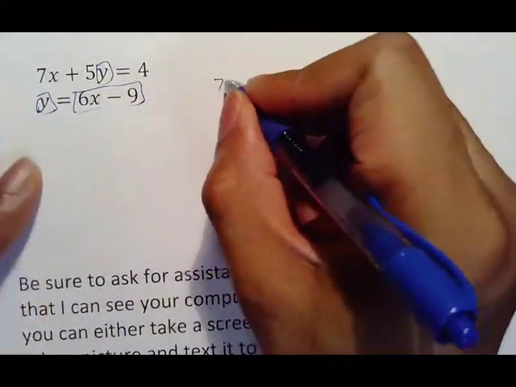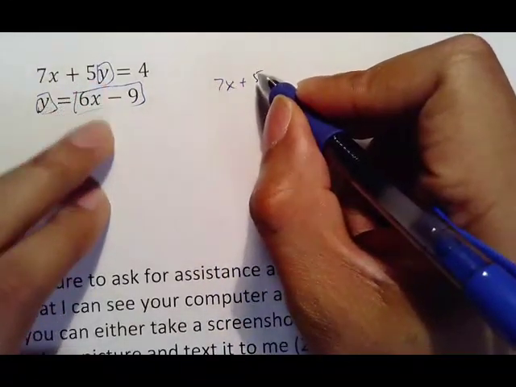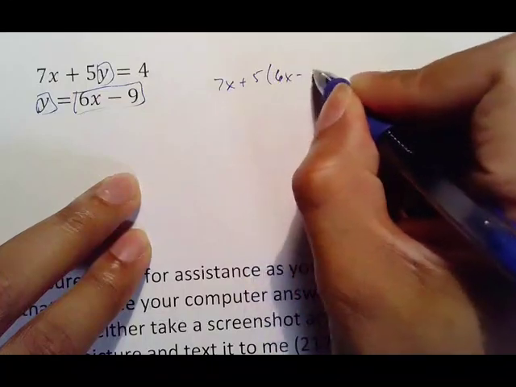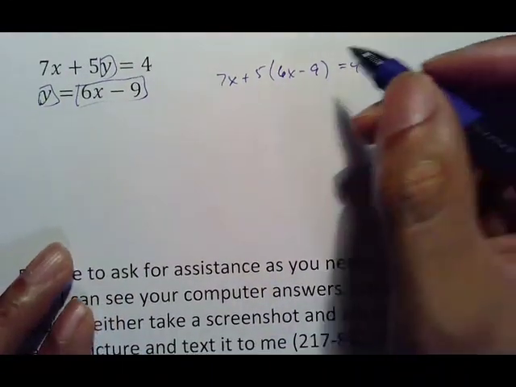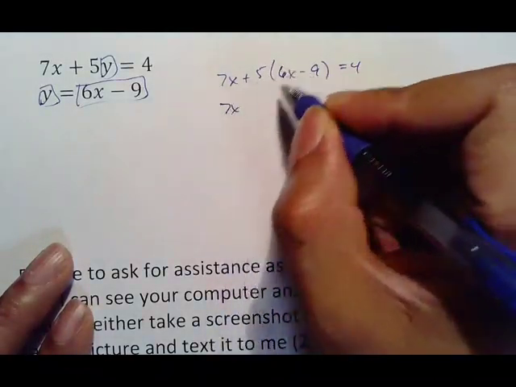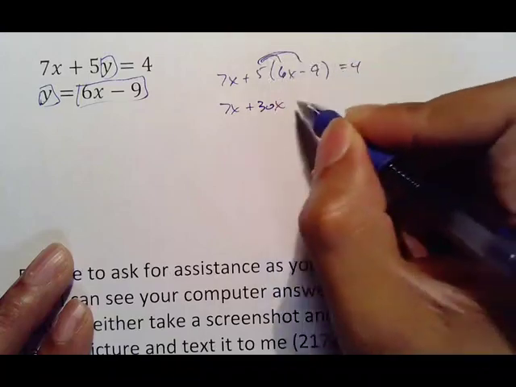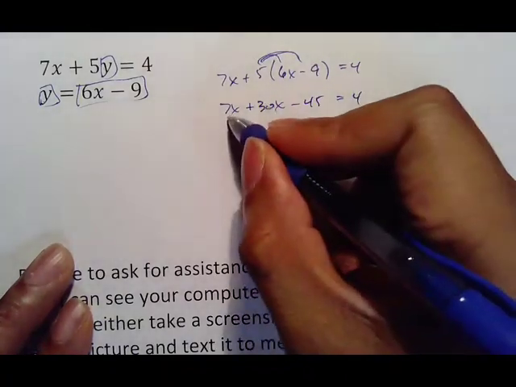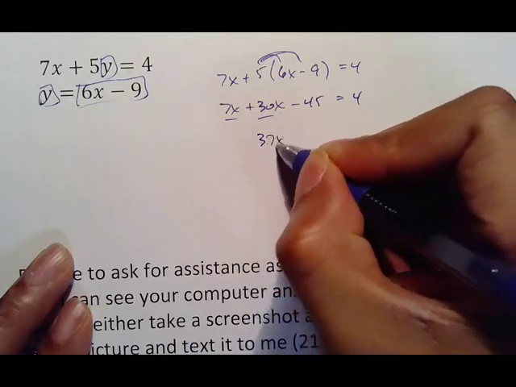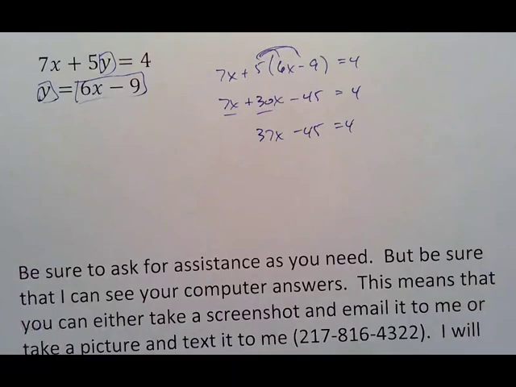You then put your 7x plus 5 up to your y, which we're going to swap out for 6x minus 9 equals 4. You're then going to do 7x, and again distribute, plus 30x minus 45 equals 4. Like terms make 37x minus 45 equals 4, and that is all.